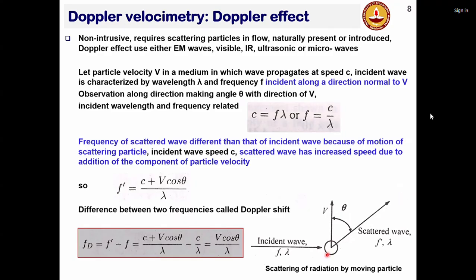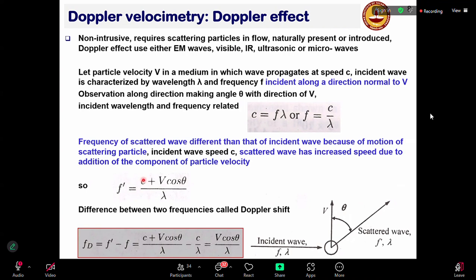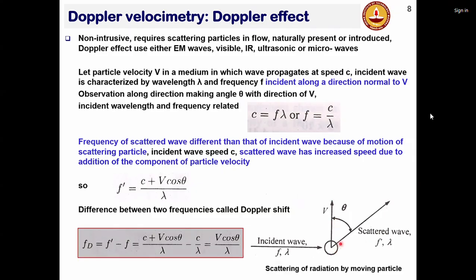So you have the scattered wave going at a speed of c, but there is a component of the particle velocity along the direction of the scattered wave, theta. So this component will be v cos theta.